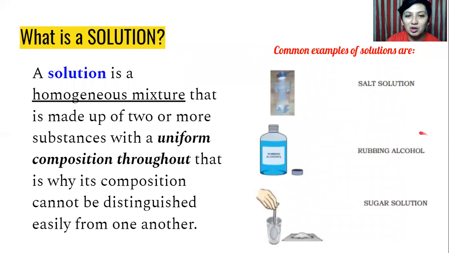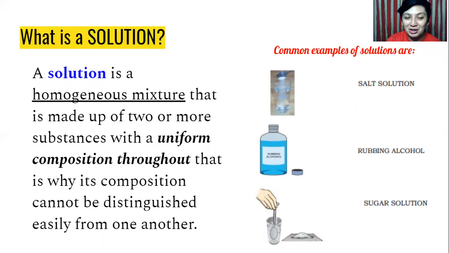So we have salt solution, meaning to say salt and water. You combine and then you stir them. And then rubbing alcohol, it's like pure alcohol and then water combined together. That is why you can see 70%, 80%. So when we are talking about 70% solution or isopropyl alcohol, that is 70% pure isopropyl alcohol or ethanol, and then 30% is water.